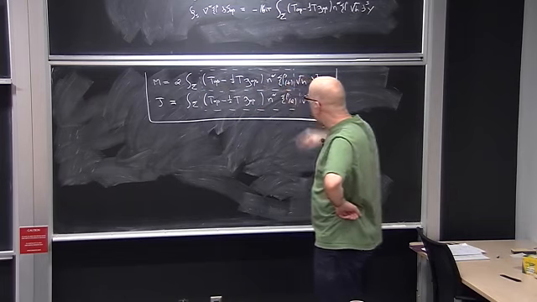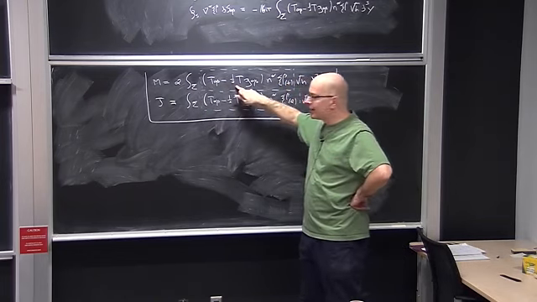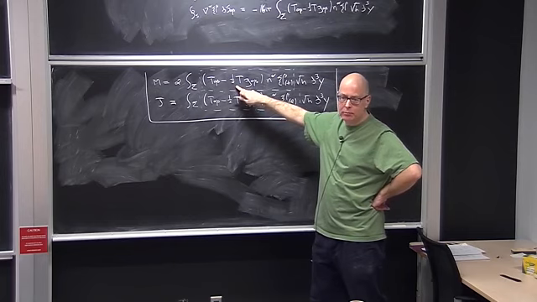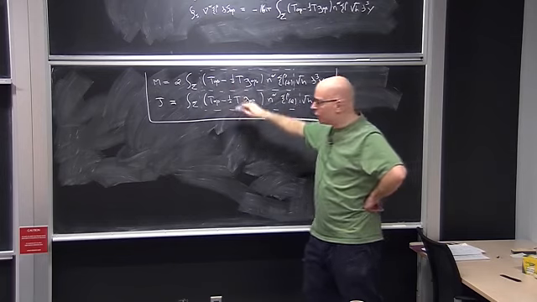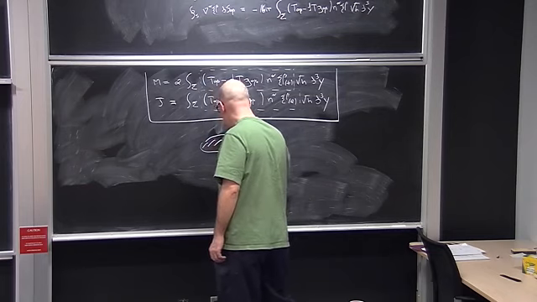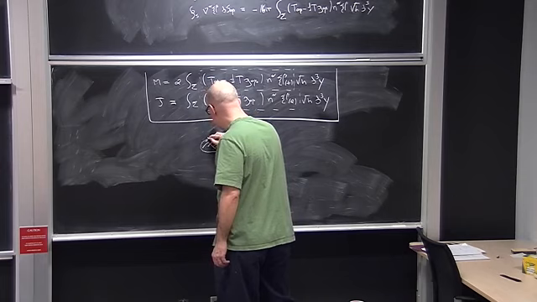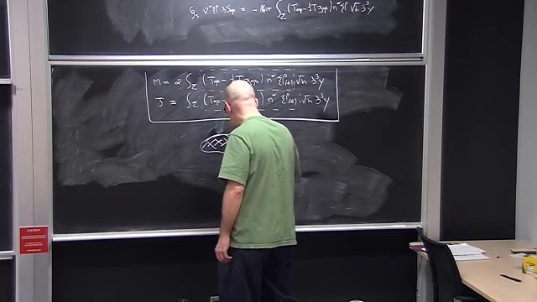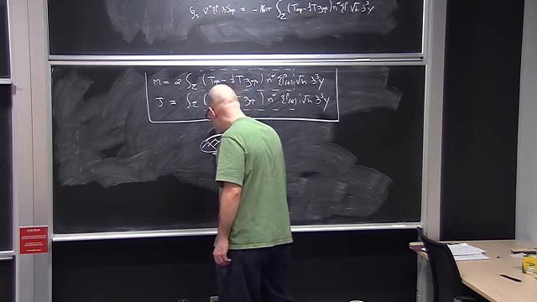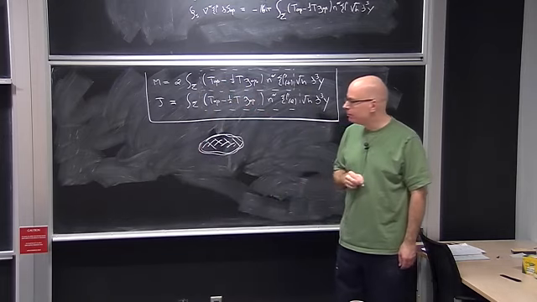When you deal with this hypersurface integral, it's pretty clear that you don't need to consider a hypersurface that extends beyond the matter distribution. Right? So if the matter distribution lives here on your hypersurface, you can consider a hypersurface that just basically hugs this matter distribution, and that'll do the job.